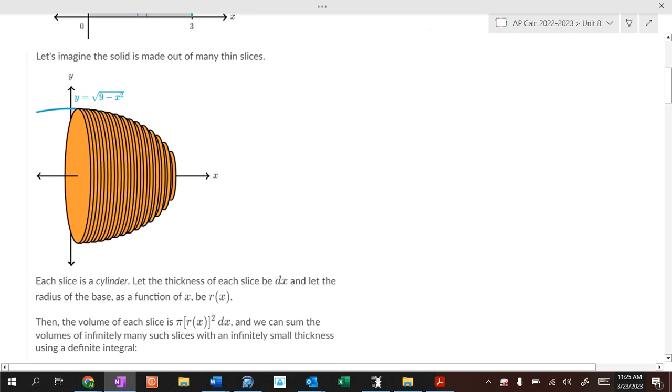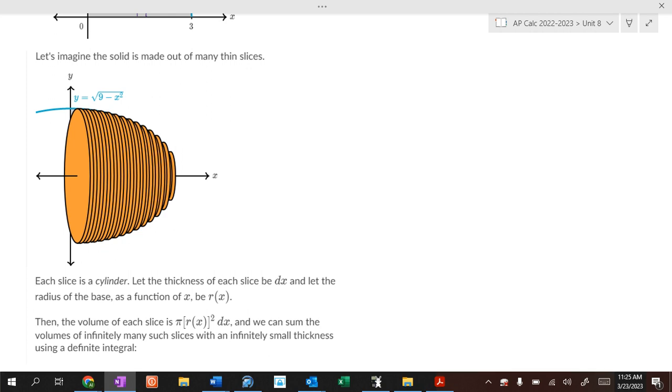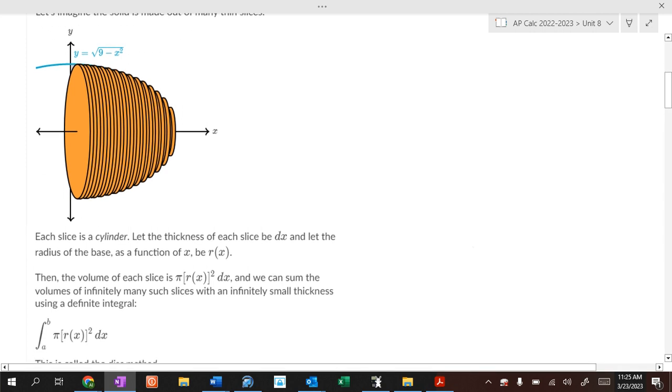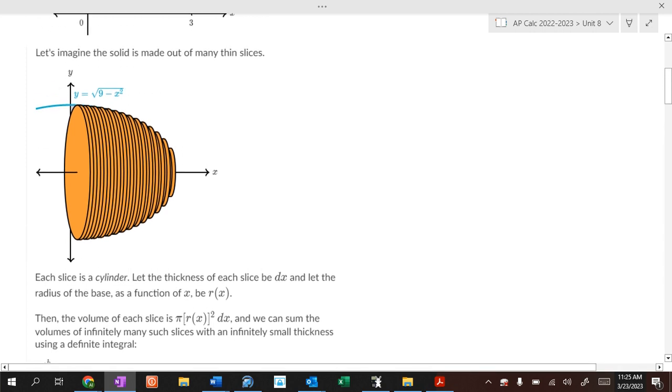So we've got all these thin slices that we're going to rotate around. What it does is make a filled-in circle. How do you find the area of a circle? Pi r squared. Imagine a whole bunch of circles of different sizes stacked on top of each other.